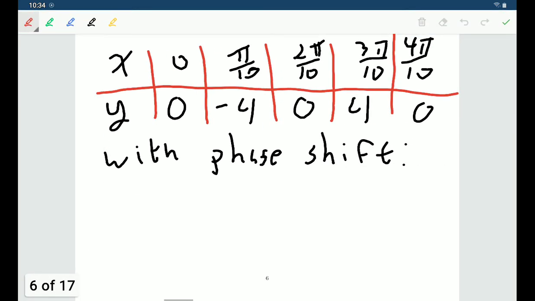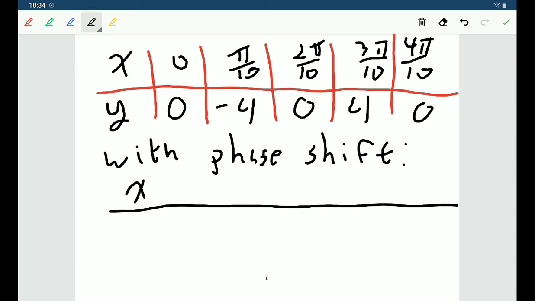And so now let's do that. We have for our x values 0 minus pi over 5, that's negative pi over 5. Pi over 10 minus pi over 5.